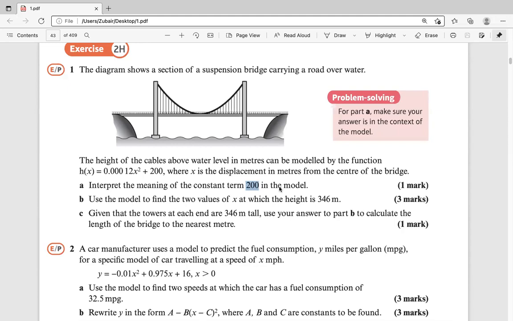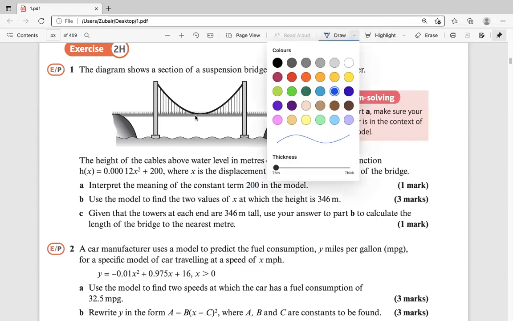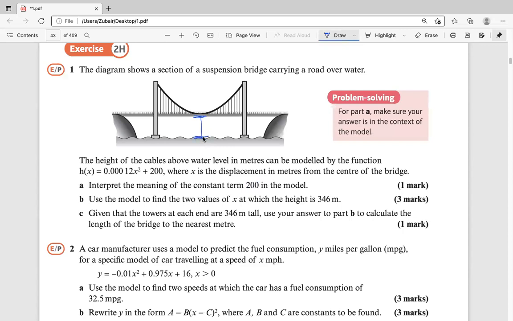Any ideas what this 200 means? Does it have to do with the water level, like in meters, how far up it is in water level? Yes, exactly. So this means that at all times, the distance between this lowest point and the water is 200 and not less than that.